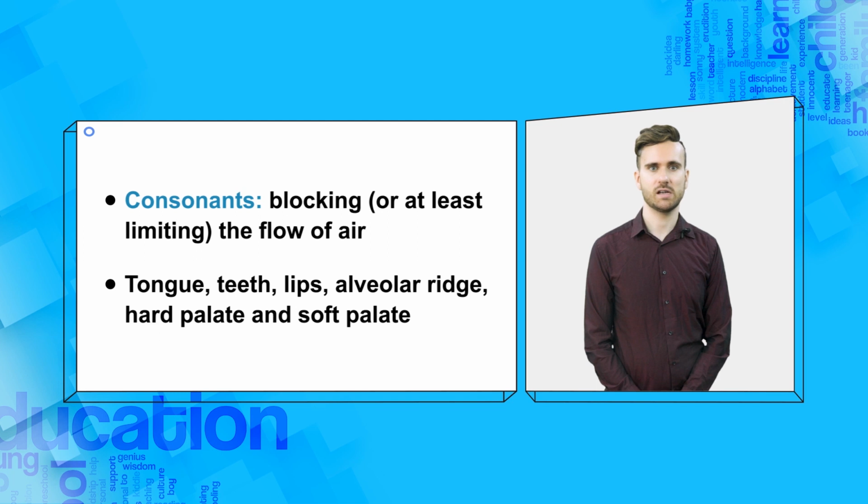The place of articulation of a consonant describes where the air is being blocked or limited in order to make the consonant. To make all the consonants in English, there are 8 places of articulation. Let's discuss them now.